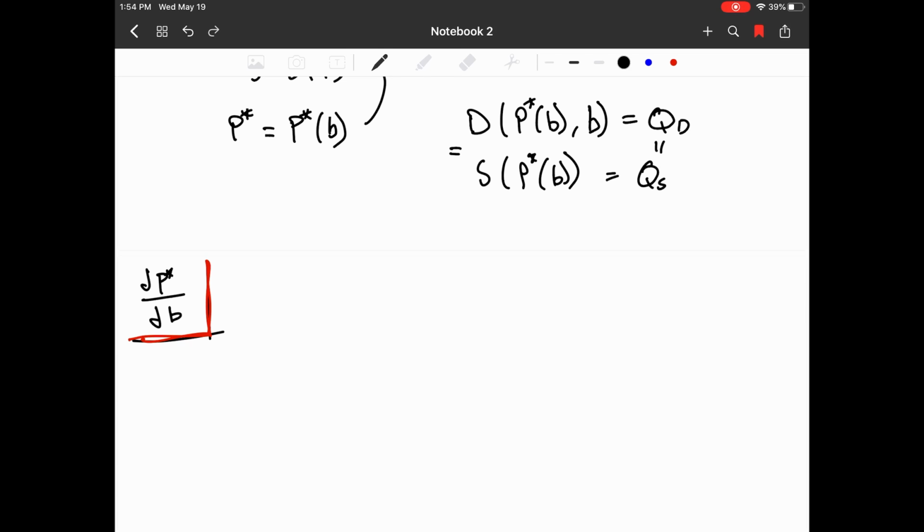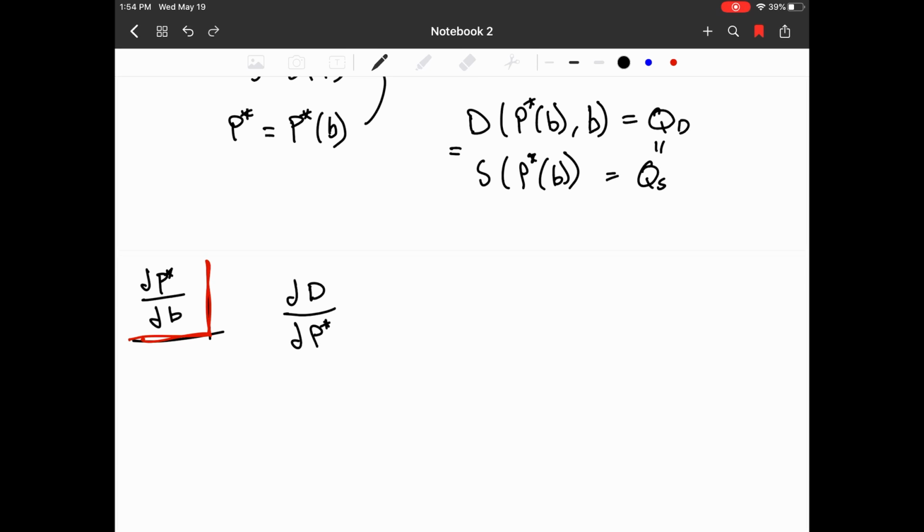Okay, so first we're going to differentiate the left-hand side. Here we have a partial derivative of d with respect to p star. But we also know that p star depends on b.